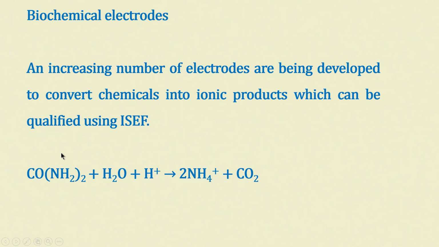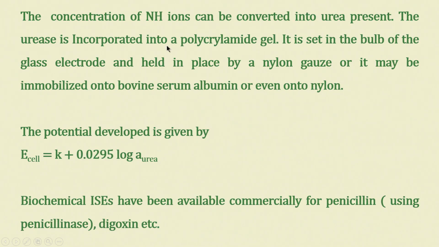So, if urea is there, acidic material is there, and then ammonium ions are released, carbon dioxide is generated, and the concentration of ammonium ions can be converted into urea present. The urease is an enzyme that does this job of converting urea into ammonium ions. The urease is incorporated into a polyacrylamide gel.